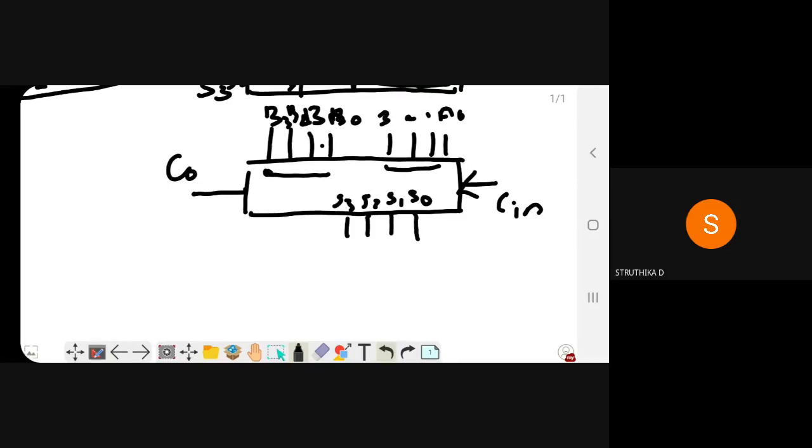I will give the carry input initially as 0. While adding these 2 values, I will get the carry out via this pin. So this is nothing but a 4-bit parallel adder.